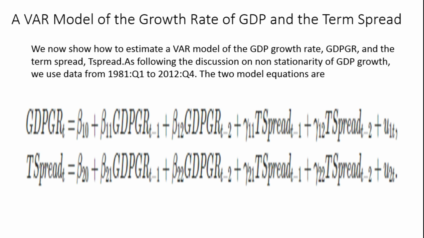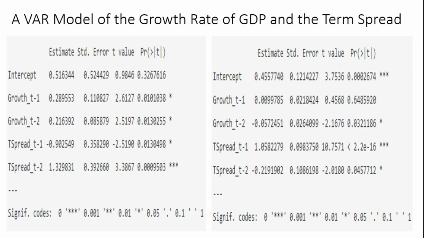So after estimating using the maximum likelihood method, we have the estimate of every equation. On the left hand side of your screen, you have the estimate of GDP at time t, which is expressed in function of our different lag variables of period 1 and 2, lag 1 and lag 2.